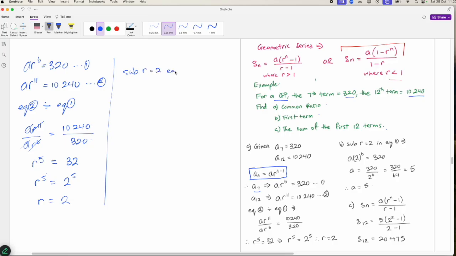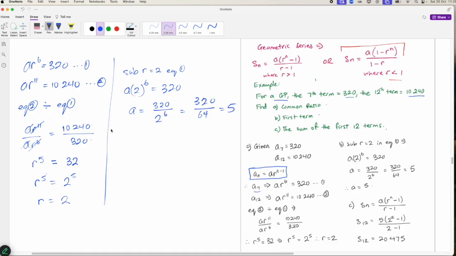in any one of the equations. So let me go with equation 1. A times 2 to the power of 6 is 320. So a will be 320 divided by 2 to the power of 6, which is 320 divided by 64, which is 5.